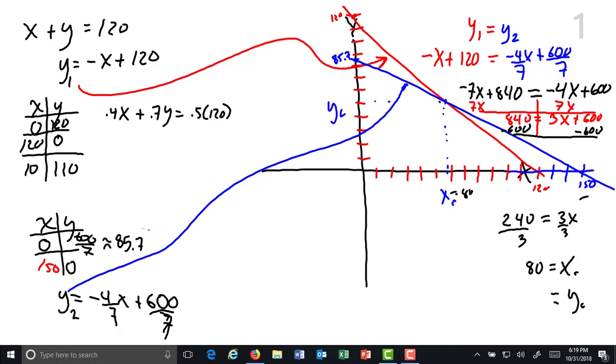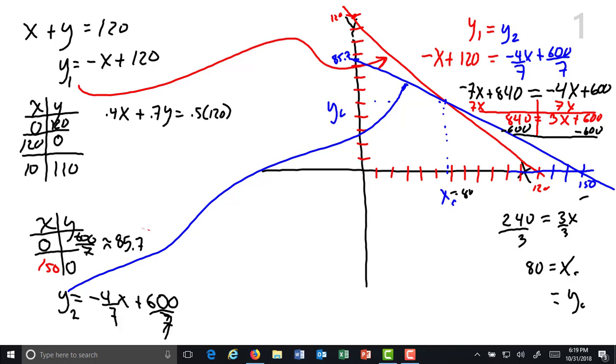Well, we're saying x is 80. So what do we have? Minus 80 plus 120, right? Which makes it 40. So y equals 40.